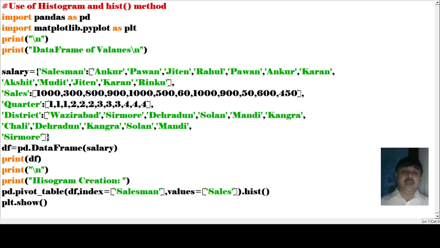Then we take df, comma, index equals salesman, and values equals sales, dot hist. As we are constructing this, we have this particular structure. Let us see what output we can get from here.